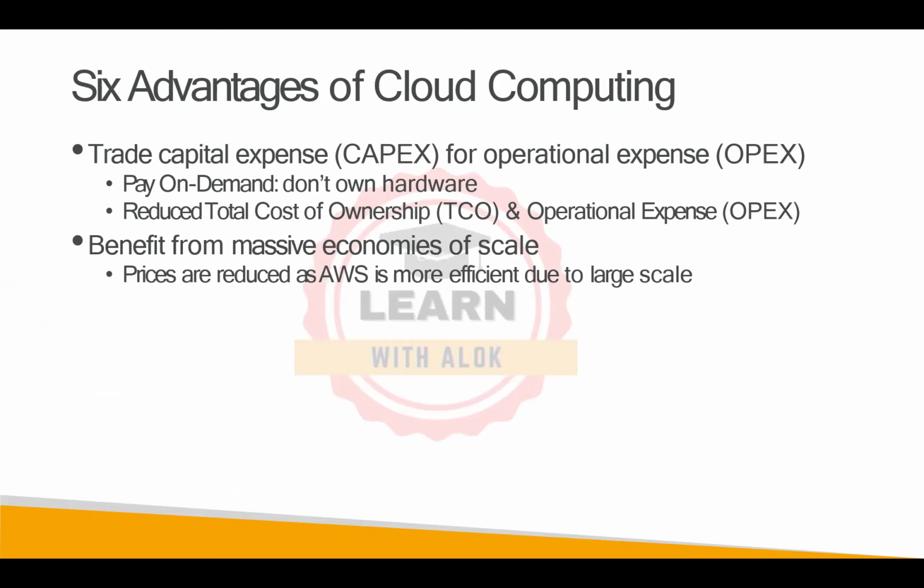Since AWS has such a wide and vast infrastructure network, the price at which they supply their resources to us is very cost effective compared to buying those resources by ourselves and setting them up. A lot of people are using it, and AWS has a large network infrastructure, so we benefit from massive economies of scale.